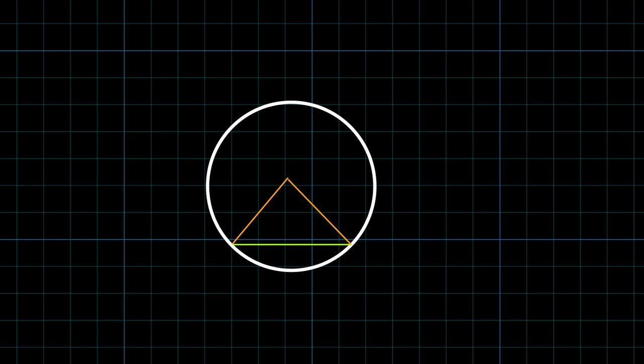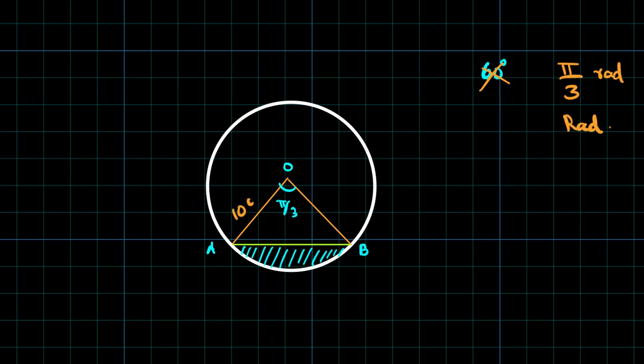Let me shade some area, that is this over here. This is O, this is A, this is B, this is pi by 3. Maybe the examiner would have given you 60 degrees. Slash it off. Write pi by 3 instead, the equivalent of 60 degrees in radians. And let me write 10 centimeters over here.